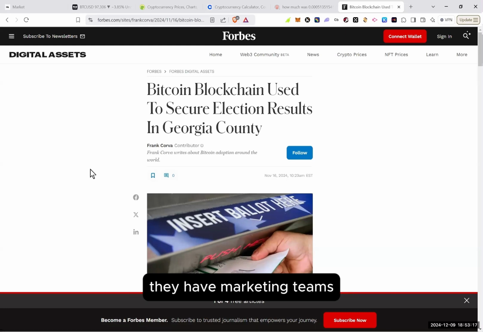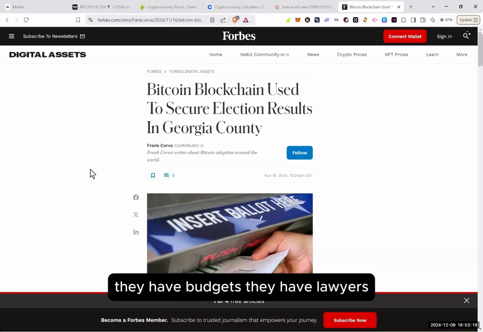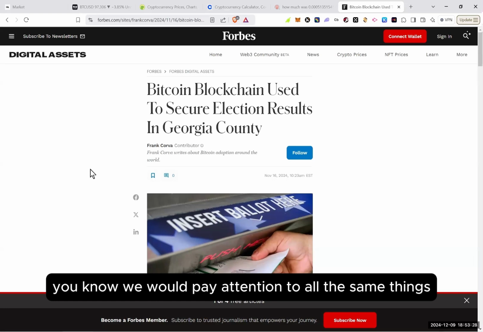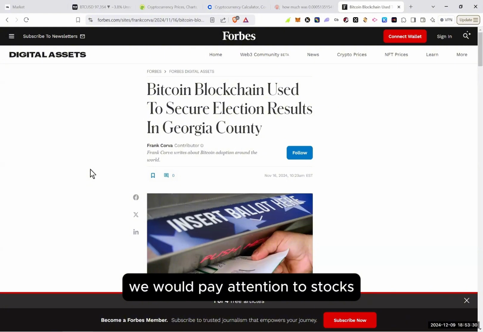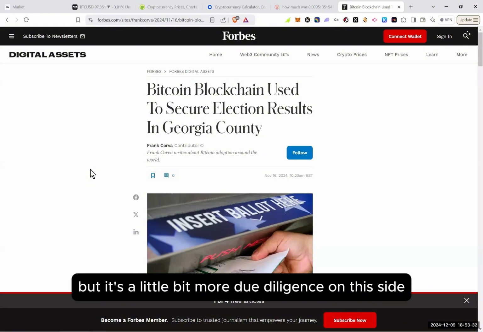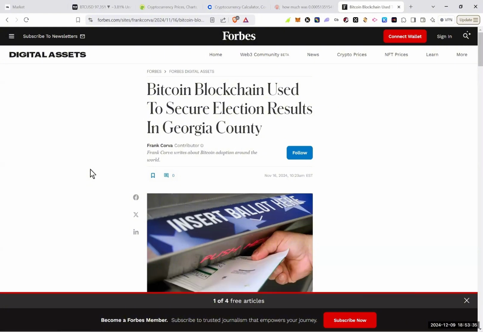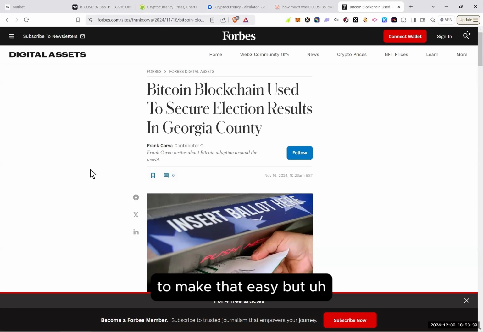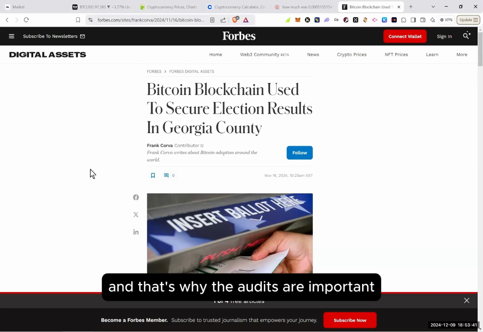They have marketing teams, they have budgets, they have lawyers, they have all the same things that a company attached to a stock would have. So we would pay attention to all the same things we would with stocks, but it's a little bit more due diligence on this side. And there are ways of doing that to make it easy. That's why the audits are important.